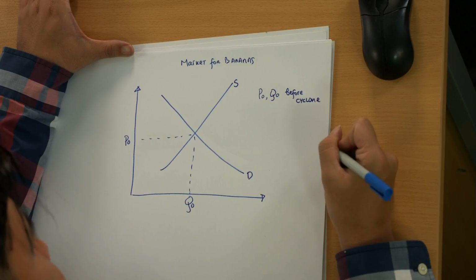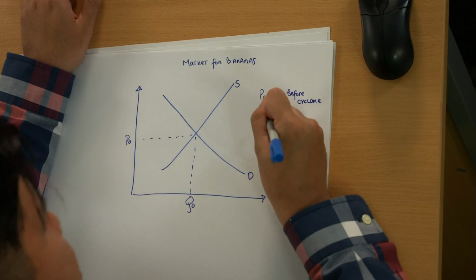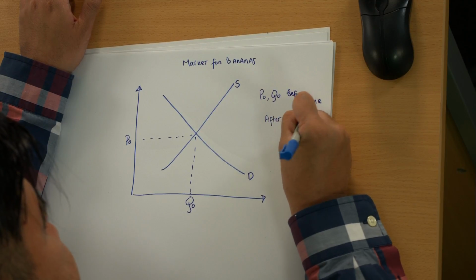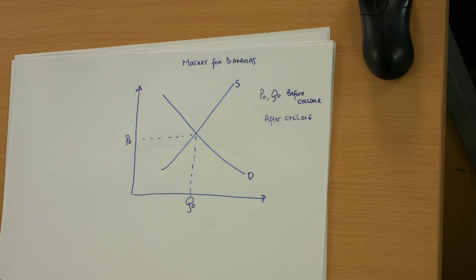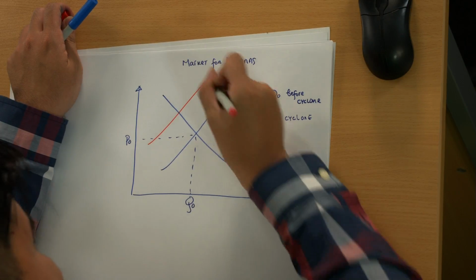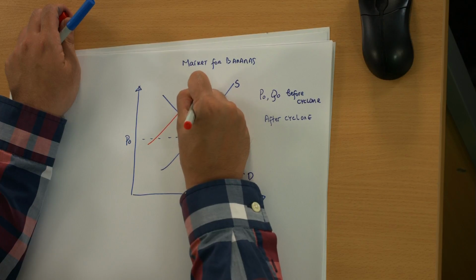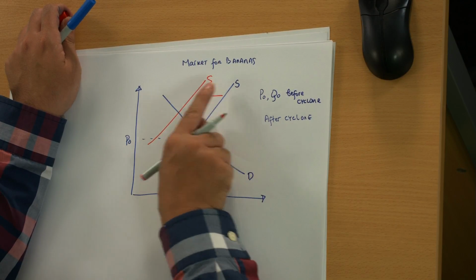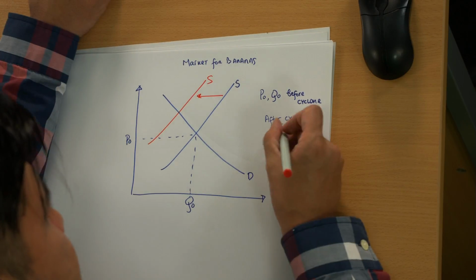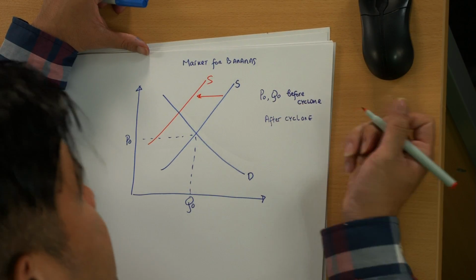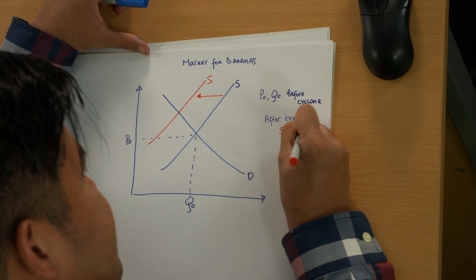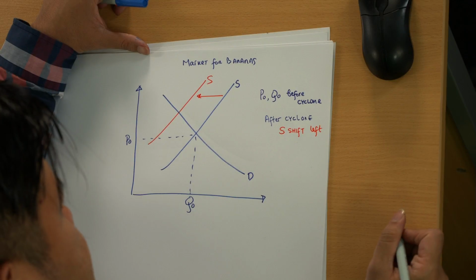But after the cyclone, what is affected, guys? Demand or supply? Supply is affected. Supply decreases from S there to the new S. After the cyclone, production is destroyed. Supply shifts to the left.